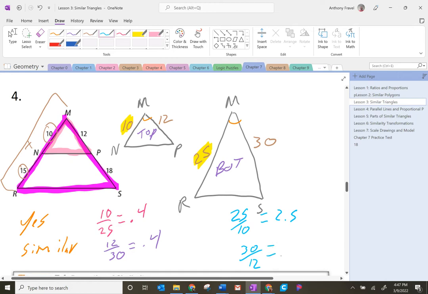This 30 over 12 will still work out to be 2.5. Again, it'll be a different number, but I can see that this one and this one are the exact same number. Just like on this side, I can see that this 0.4 and this 0.4 are the exact same number. No matter what, it's still going to follow through with that side angle side and show they are similar.